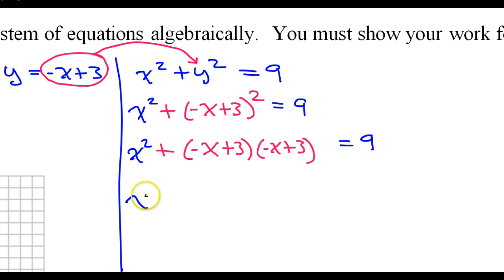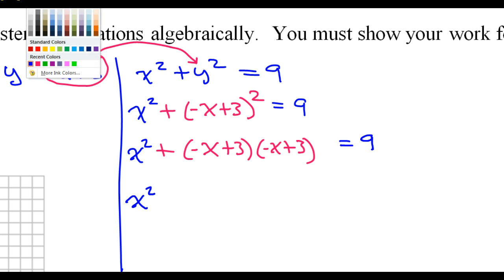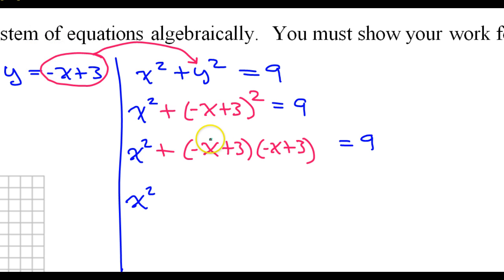So I'm going to have my x squared. In order to solve this, I'm going to do the double distributive property. So I'm going to take this negative x and I'm going to distribute that. So negative x times negative x is going to be positive x squared. A negative times a negative is a positive.